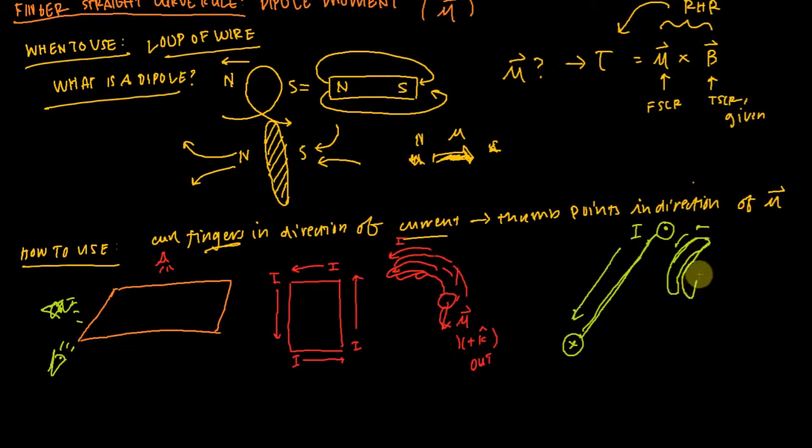After we curl our fingers around like that, our thumb is pointing this direction. So there's I.